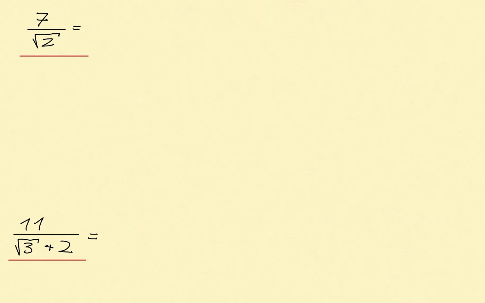So we can rewrite this here. I'll write 7 over square root of 2. Now, in order to eliminate this, we can multiply it by square root of 2. But if we only multiplied the denominator by square root of 2, we would end up with a completely different fraction.